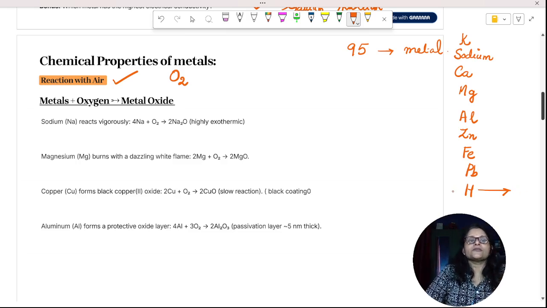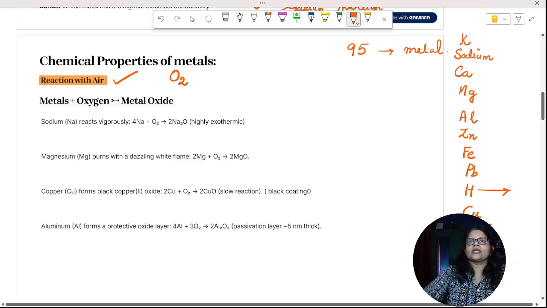Sometimes it gives an electron, sometimes it can also accept an electron. So hydrogen is there in this list. And then comes copper, silver, mercury, gold, and platinum. Our teacher is going to pick some of these and we are going to learn.